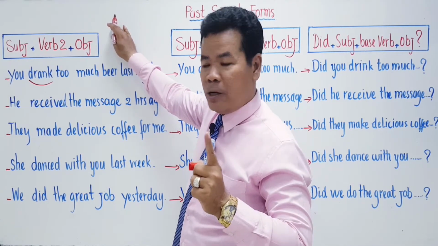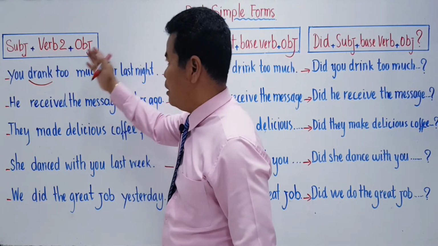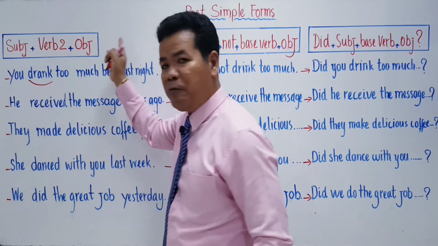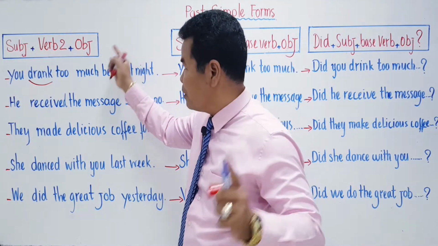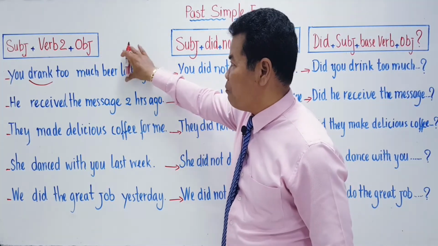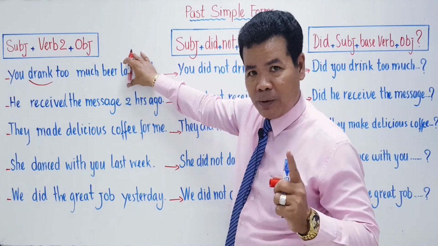Subject plus verb 2 plus object. You is a subject. Drank, from infinitive to drink. Too much beer last night. We are not focused on this yet, just focus on the form.